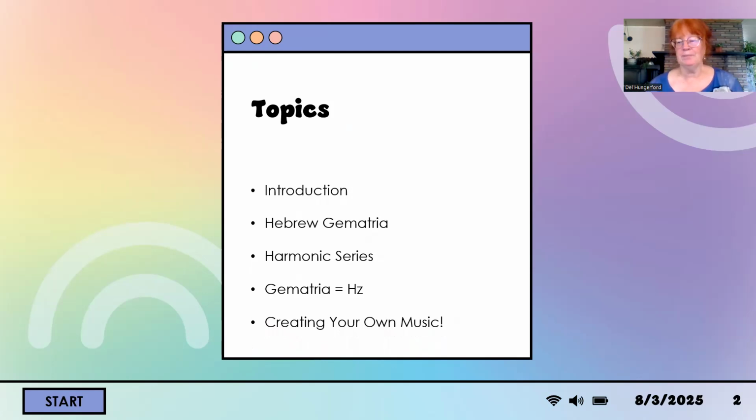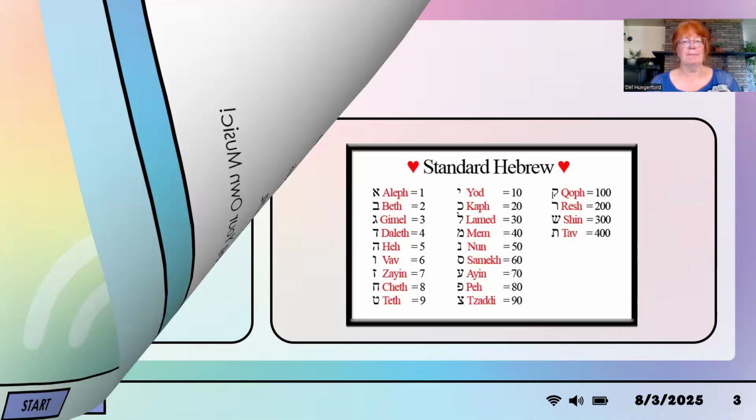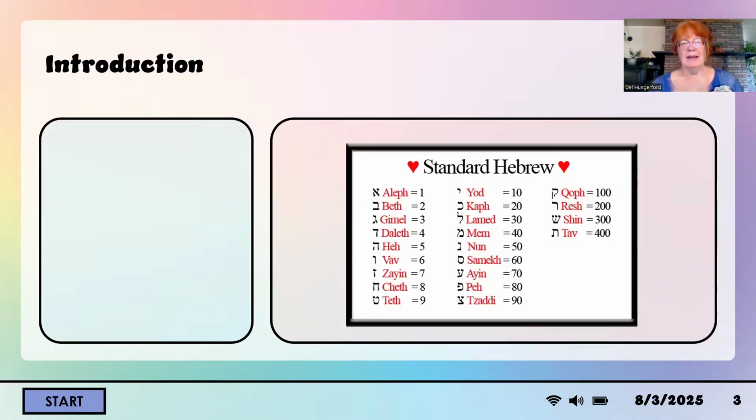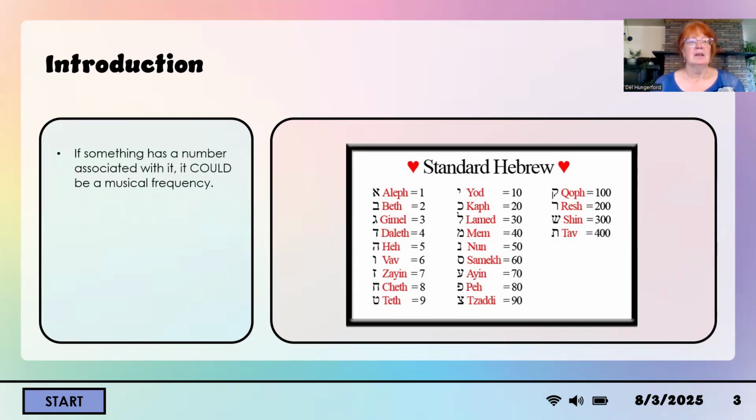Anyway, there on the right is a list of all the Hebrew letters, not including their final forms. So Aleph through Tav, and the Gematria, or the numbering system that goes with them. So if something has a number associated with it, it could be a musical frequency.